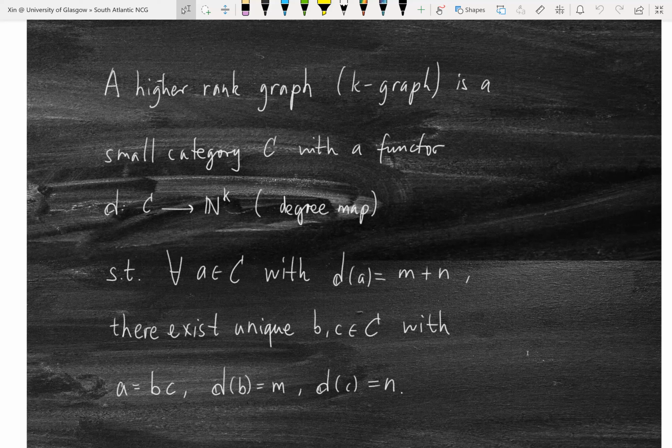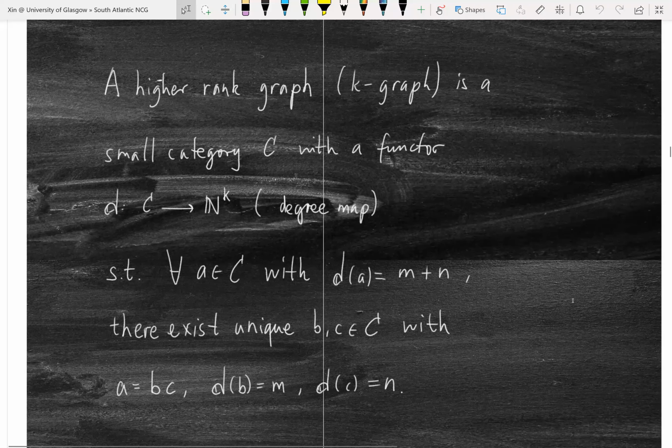And the important property is this factorization property. If you have an element in your category and the degree can be written as a sum of two elements in N^k, then you can explain this splitting of the degree in terms of the category. You can write your element as a product of two things in the category, each of which gives you the individual summands of the degree.